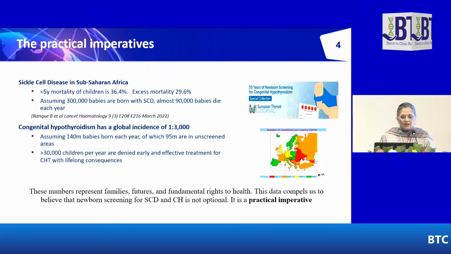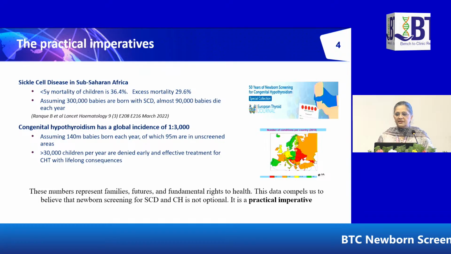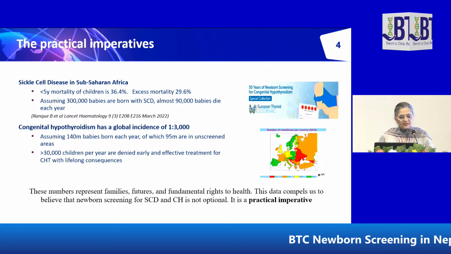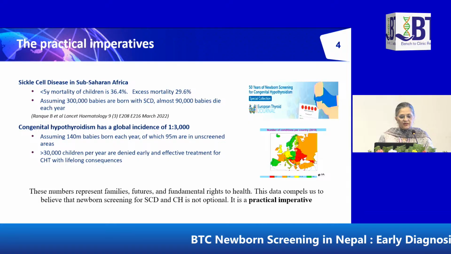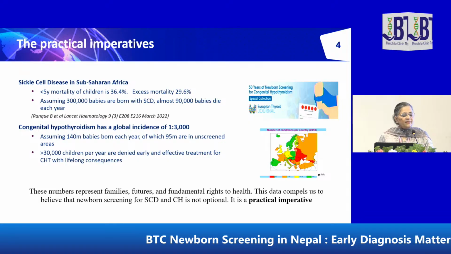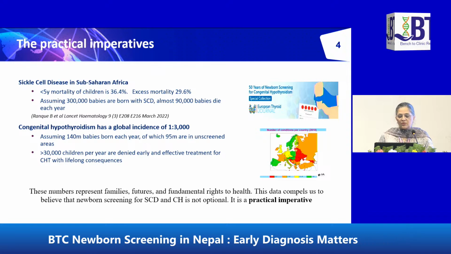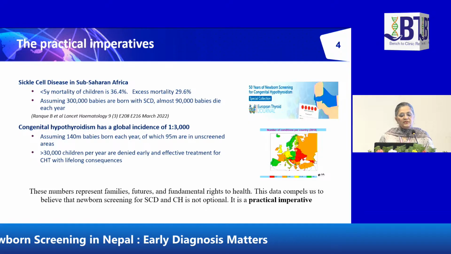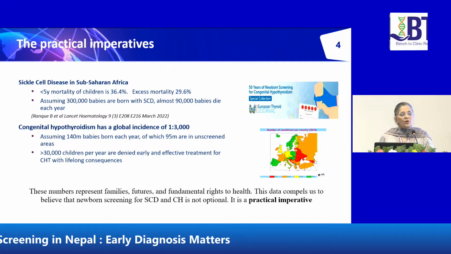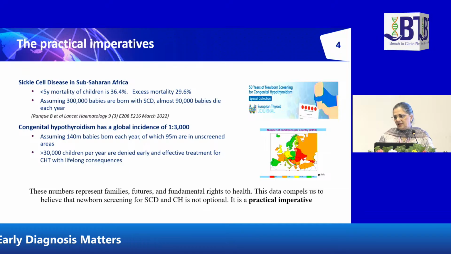Just to give you an example of sickle cell disease and congenital hypothyroidism: sickle cell disease is highly prevalent in sub-Saharan Africa, and the under-5 mortality of children is 36.4%, where excess mortality is 29.6%. If you assume that 300,000 babies are born with sickle cell disease, almost 90,000 babies die each year.